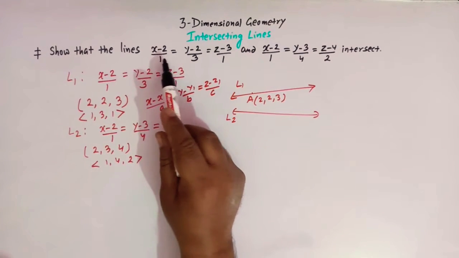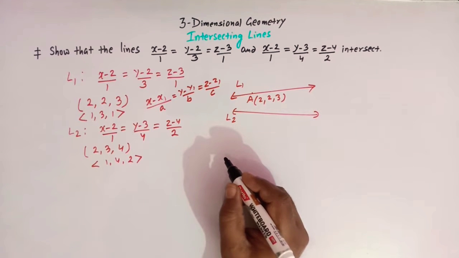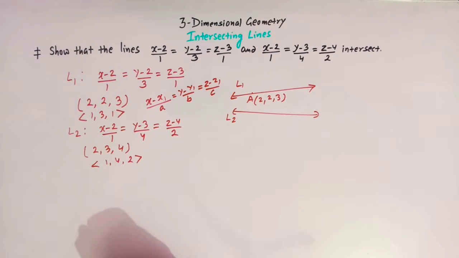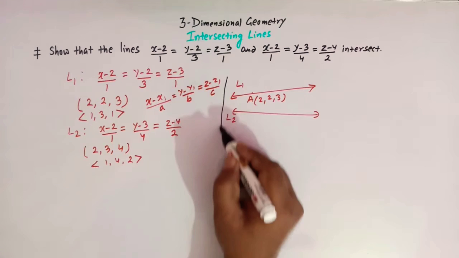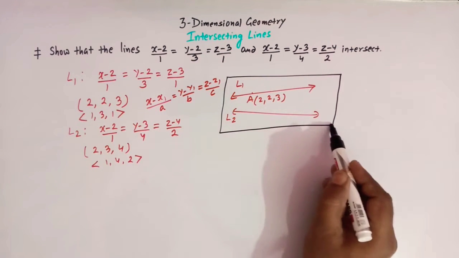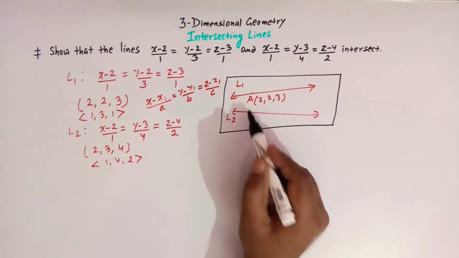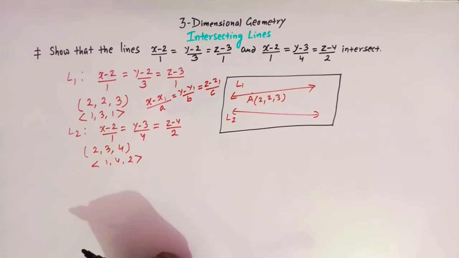Now we have to show that these two lines intersect. We know that if two lines intersect, then they must be coplanar. So these two lines L1 and L2 should lie in the same plane.